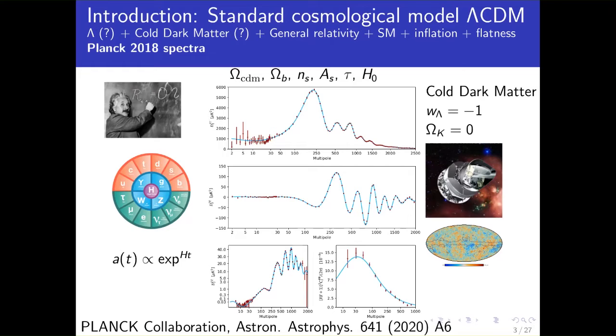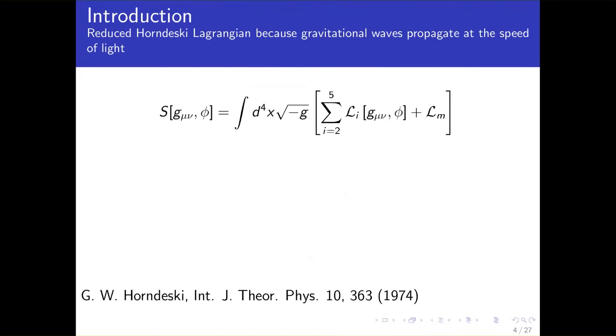However, one has to remember that the lambda CDM model is just a good phenomenological description of the universe, right? So that's the reason why people look for more fundamental theories that explain, for example, the recent accelerating expansion. Here, for example, we have a fairly general theory, which is the Horndeski Lagrangian.